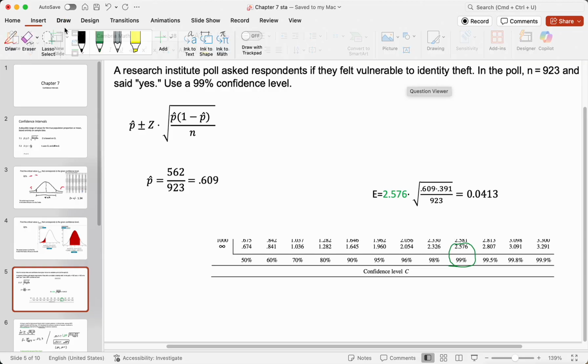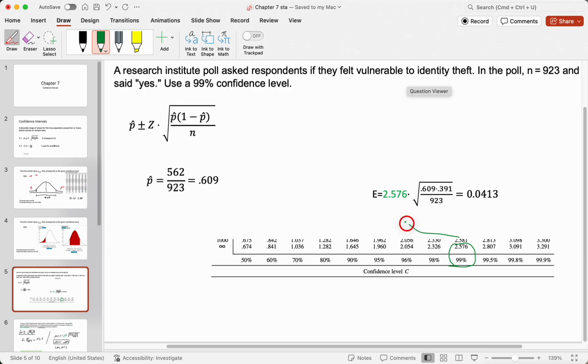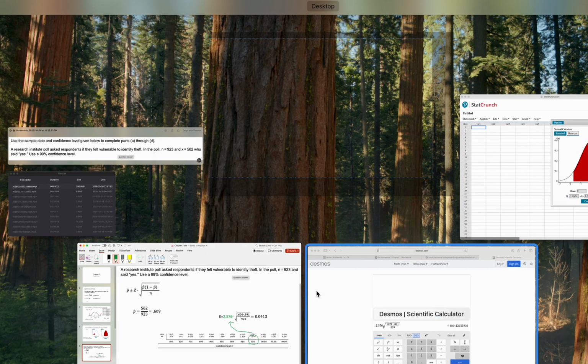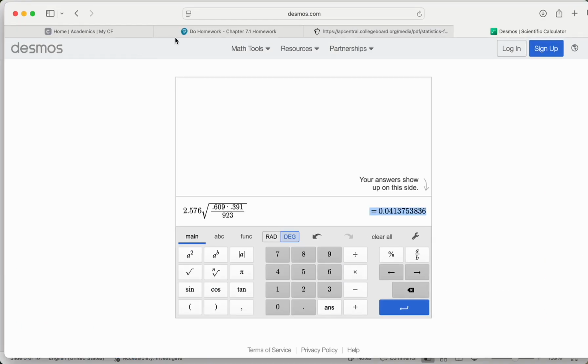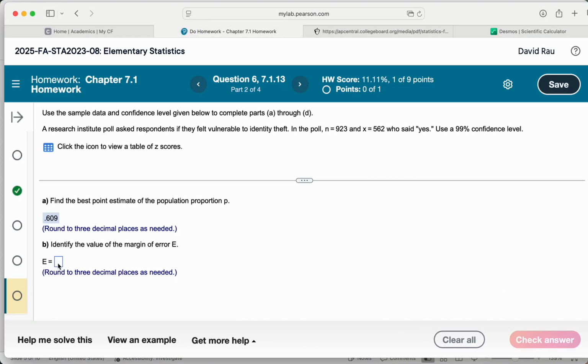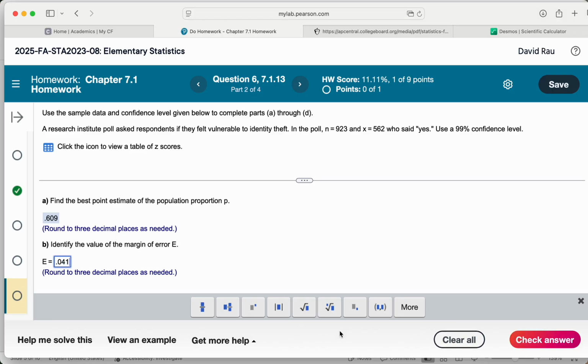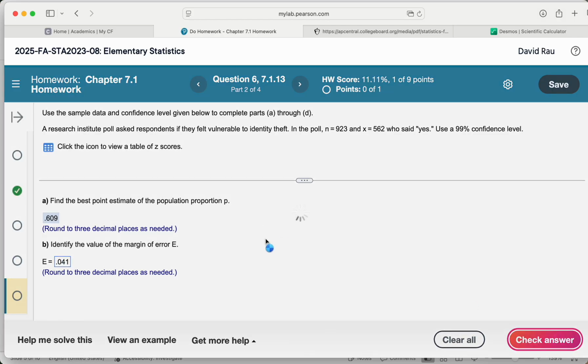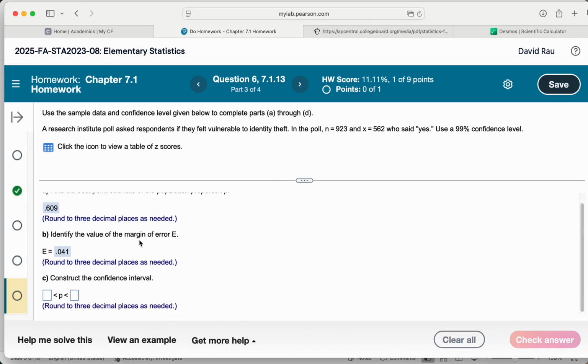All right, so after typing that in, I ended up getting 0.0413, and let me just again write that that's where that's from. And let's type that in, 0.041. It wouldn't round up, so there's my margin of error. Awesome.